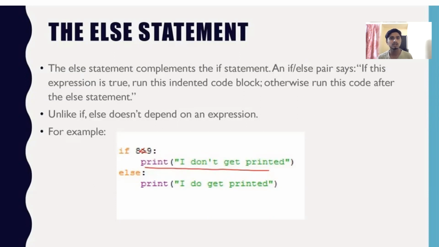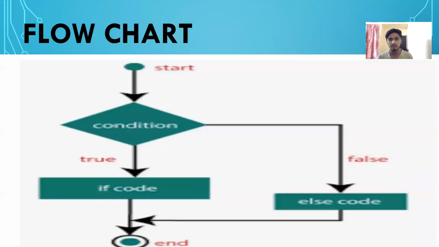Let's see the flowchart of the else statement. So we give the condition. If the condition is true, it will go to the if statement. If the condition is false, it will print the else statement, and then reach the end. When the condition in the if statement is satisfied, it will give the statement of the if statement.